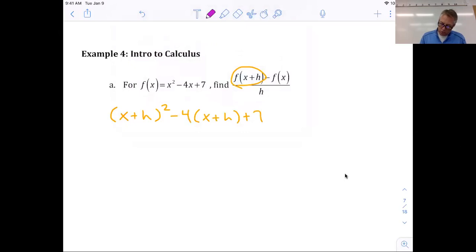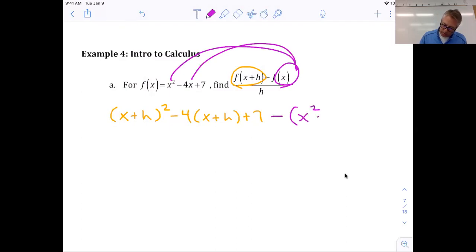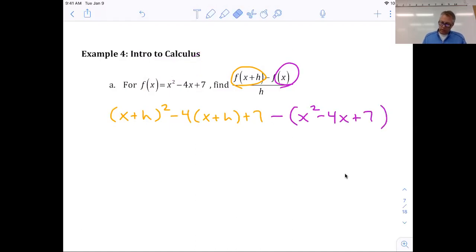Now I want to subtract f of x. Well, f of x means plug x in for x. It just looks exactly like the function does. So it's going to be minus, in parentheses, x squared minus 4x plus 7. So the orange part is f of x plus h, and I'm going to subtract the purple part, which is f of x.